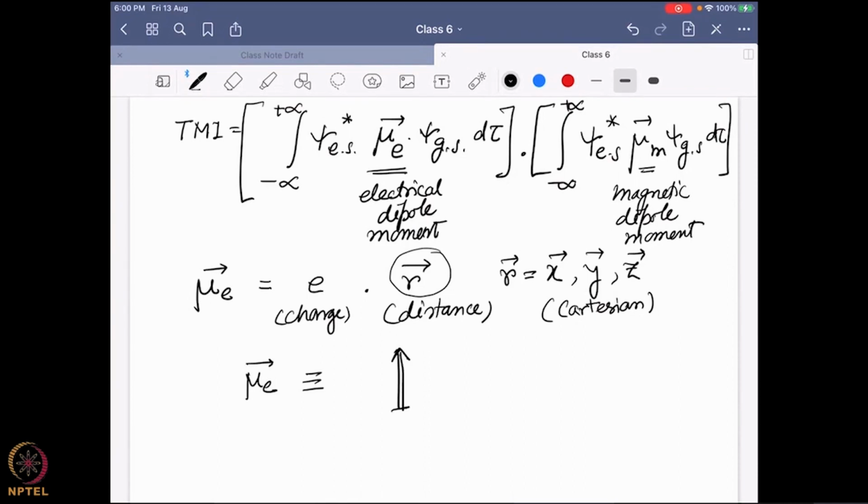And why is direction important? Because if you remember what I said earlier, we have an electron present, and that is in a wave function I am imagining.